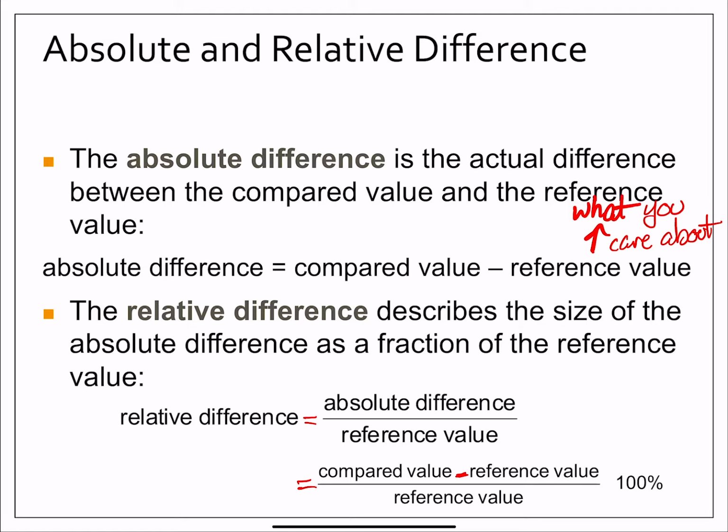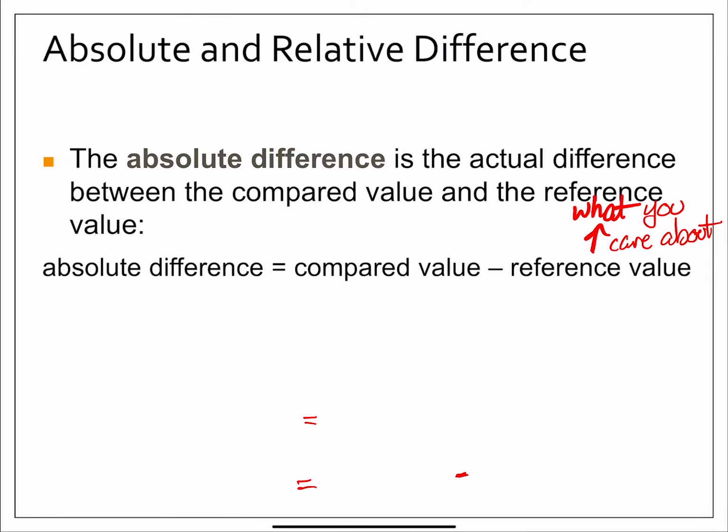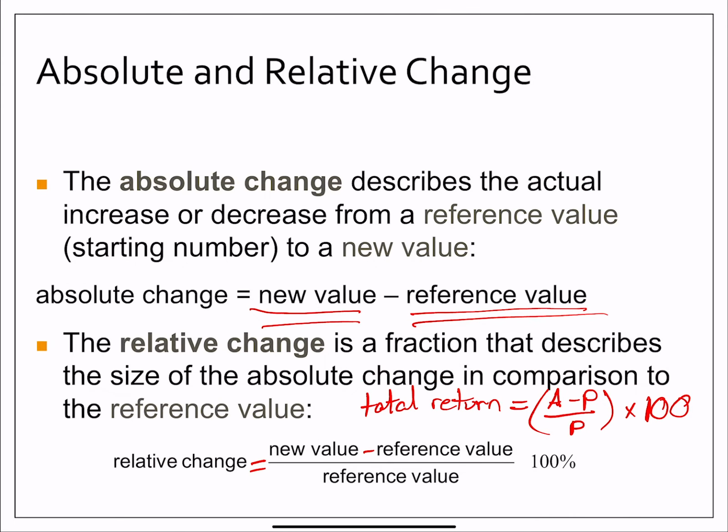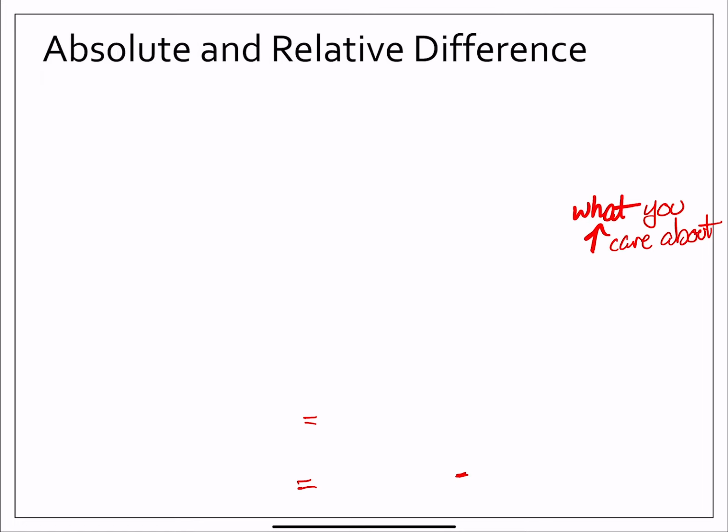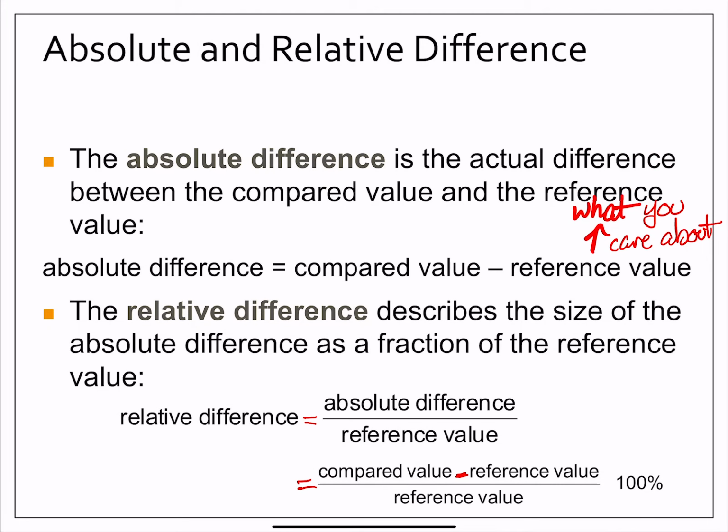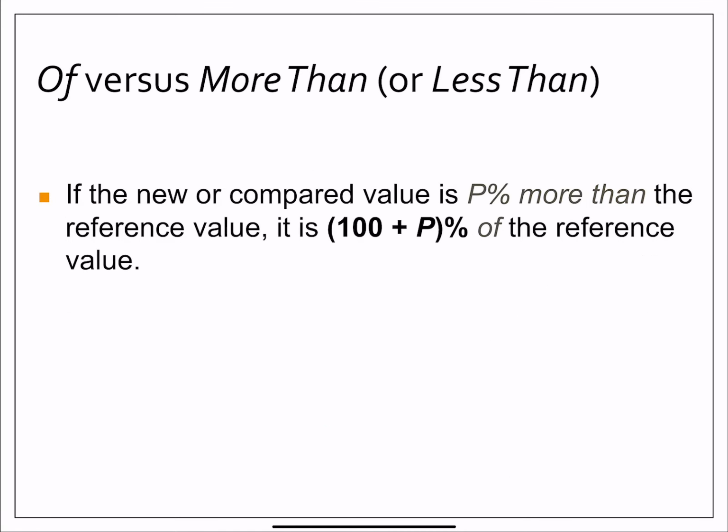We're doing compared value minus reference value, divided by reference value. The only thing that's new here is that we're using compared value instead of new value, because we're comparing two different things versus comparing a new state of something with an old state of something. But both of these are almost exactly the same.